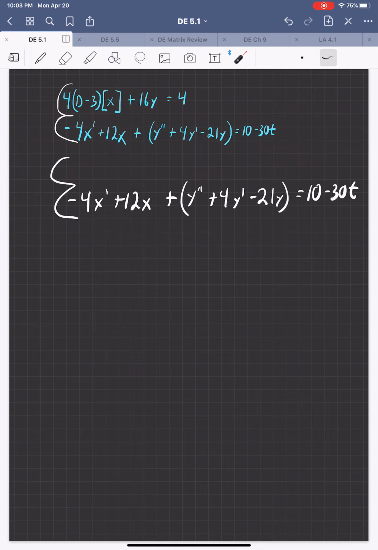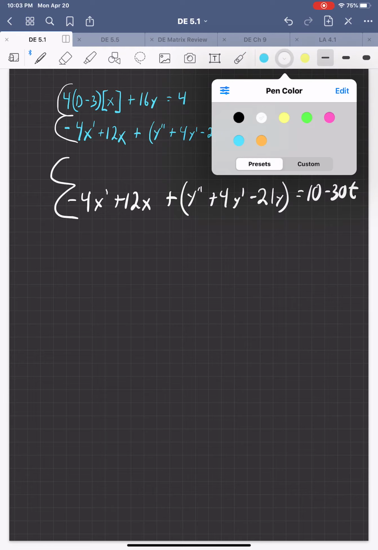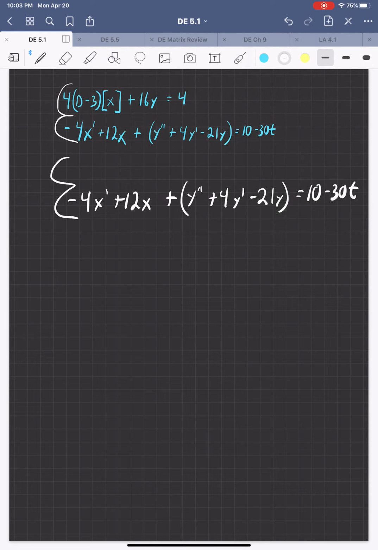Either one is fine. I think what I'll do for our purposes is get the top equation out of differential operator form, just so you can see this works. So what we would end up with is positive 4x prime, and that would be minus 12x. Okay, so out of differential operator form. So that would be plus 16y, and that's equal to 4.